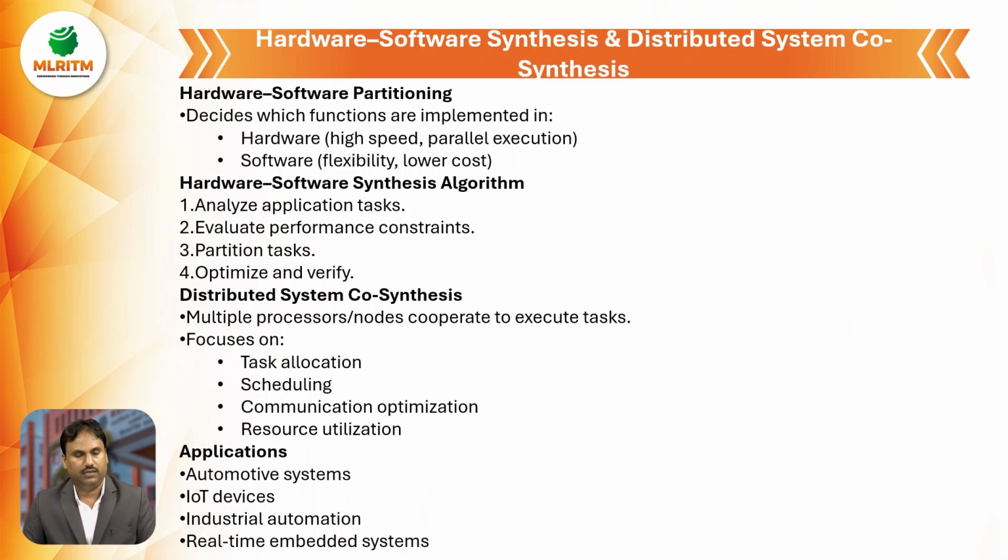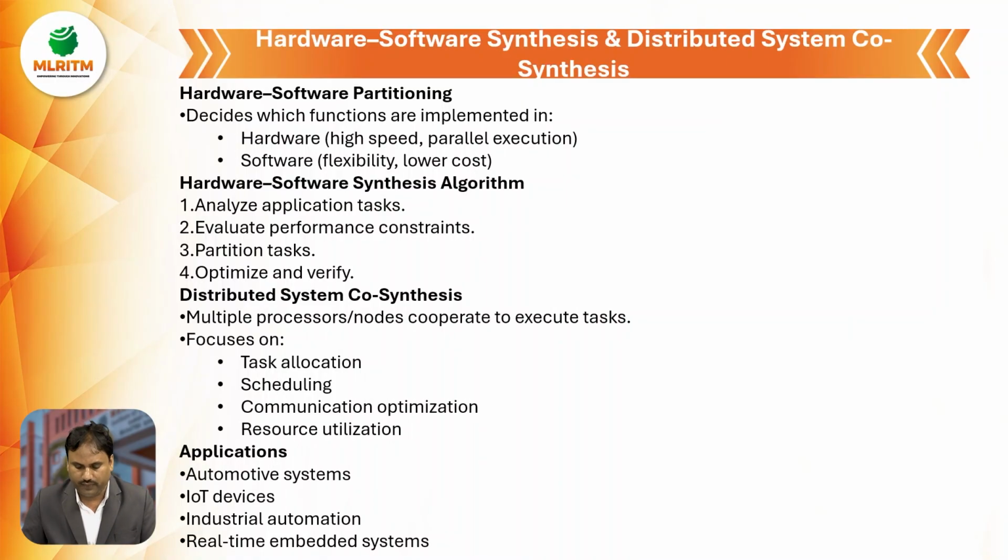We can also use these concepts in IoT devices and industrial automation. In industry we use embedded systems so that we can reduce the manpower also. Real-time embedded systems are also one of the applications of hardware software synthesis and distributed system co-synthesis.